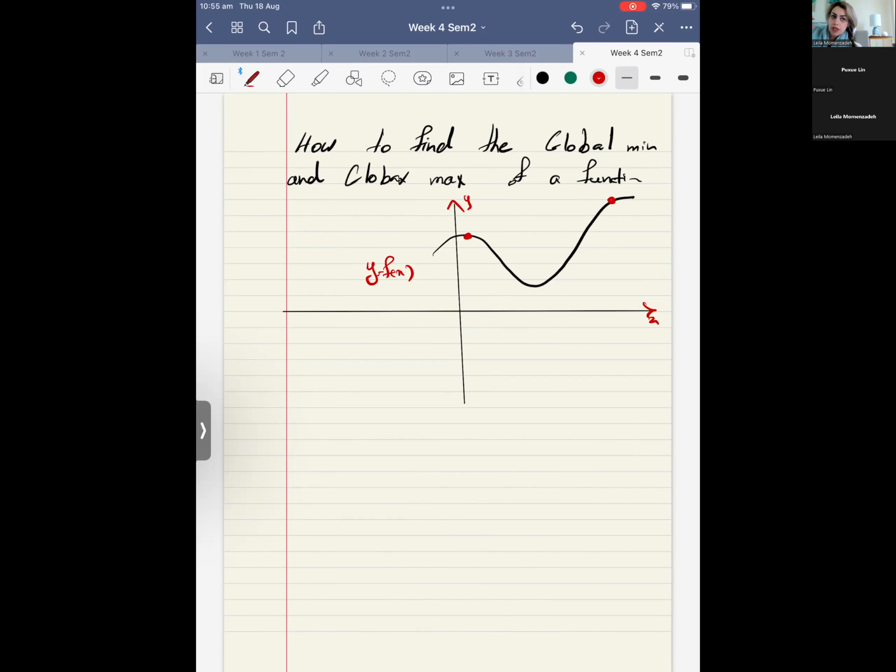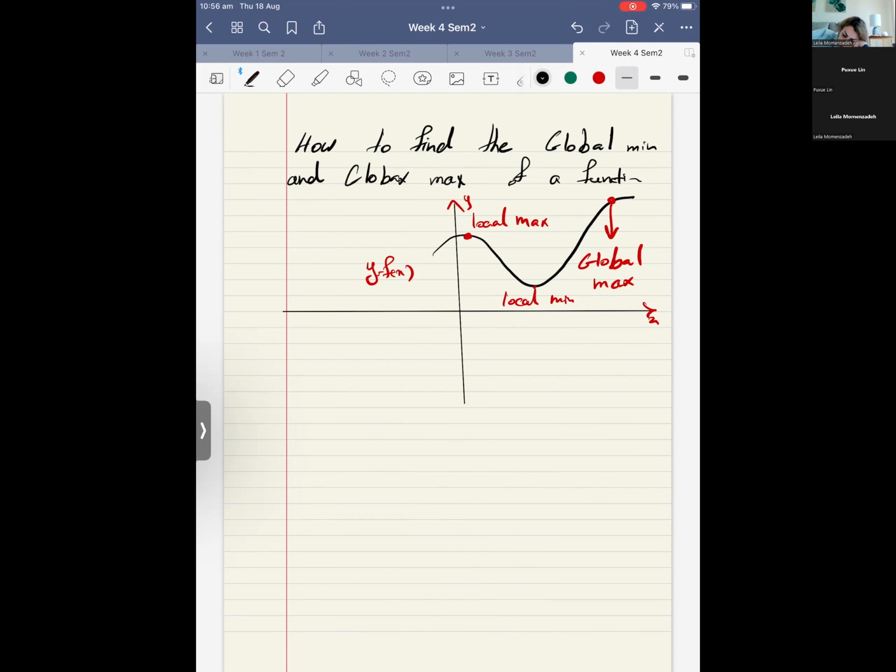The highest point that you have is the global maximum, the higher point. But this other point is also a maximum, but it's not the highest point. It is a local maximum, and here is a local minimum.